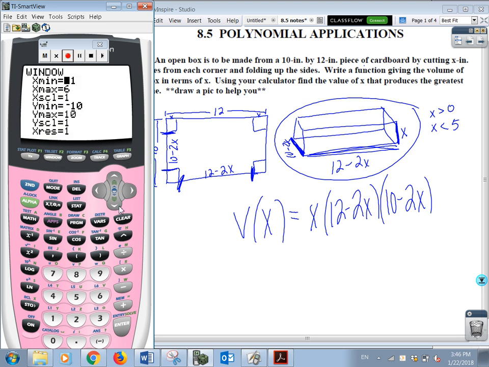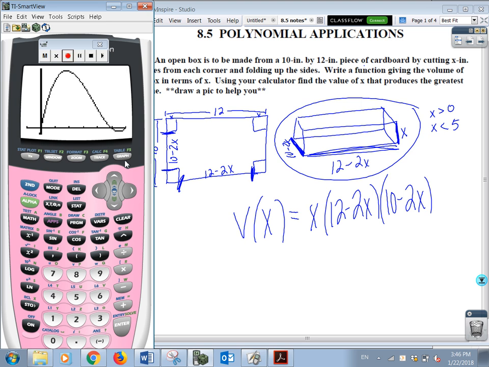So I need to go further up. I need my y max to increase. Let's say 50. That might not be enough, but let's see. Alright, still not quite high enough. Let's change that to 100. And now we can see the maximum volume.